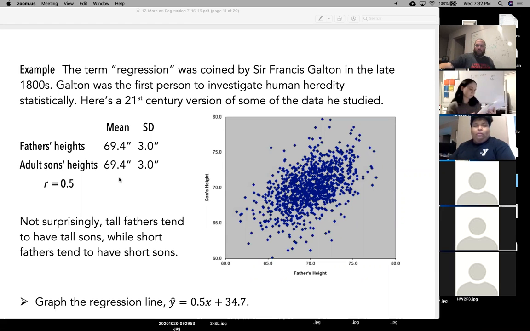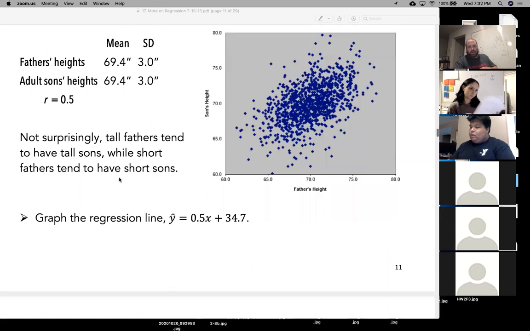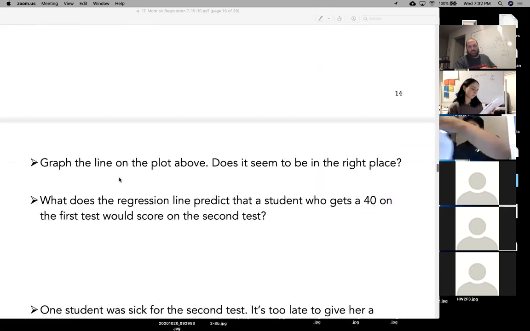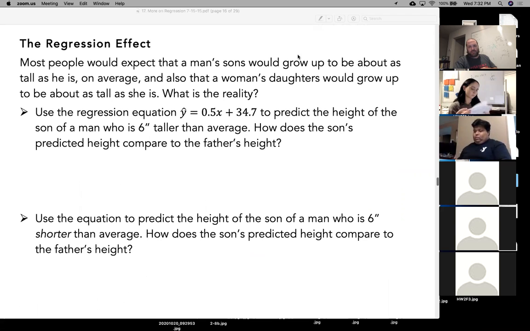Okay. So let's go ahead and check whether or not their equation that they're just giving us is correct. What is the equation? Y hat equals, what should it be? Not 0.5x, that's what they're giving us. We're going to derive it. Let's go back to the formula for the best fit line.